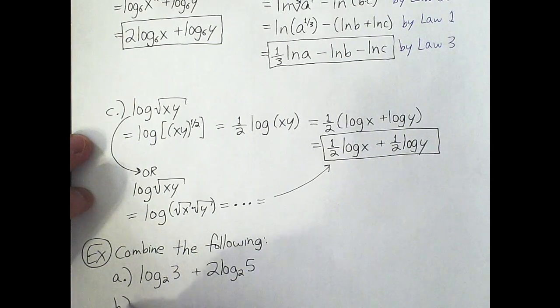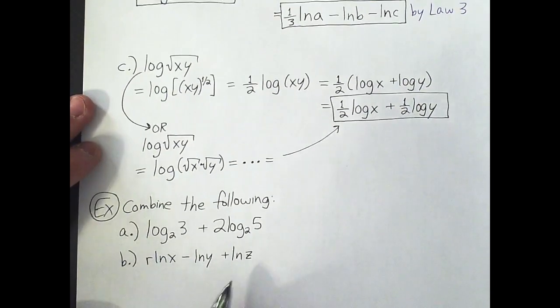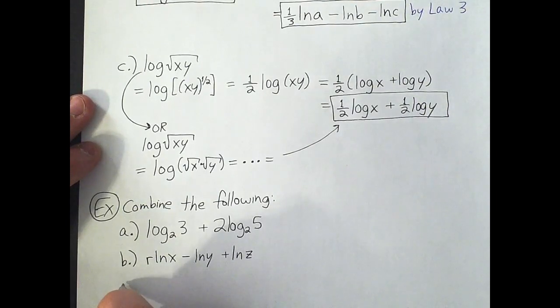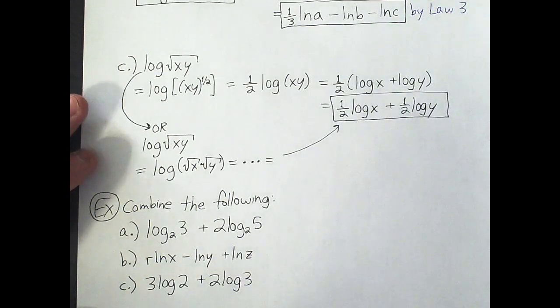So you can wait till I write them all, and then I'll do part A. r ln x minus ln y plus ln z. That's a lowercase z. Sometimes in math we will draw a little slash through a z to make sure that it doesn't look like a 2. All right, there's 3 problems.